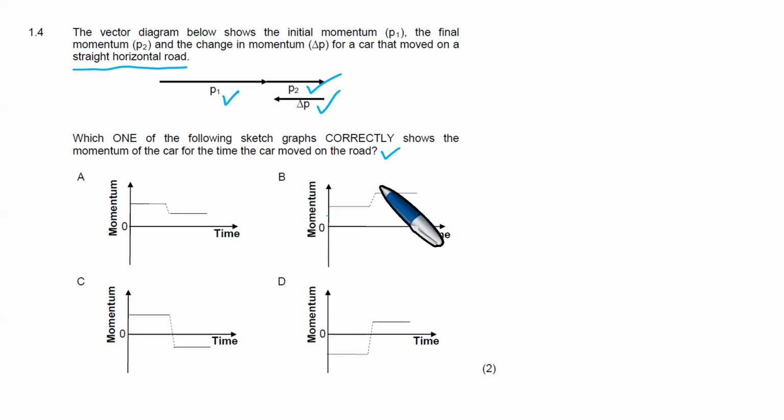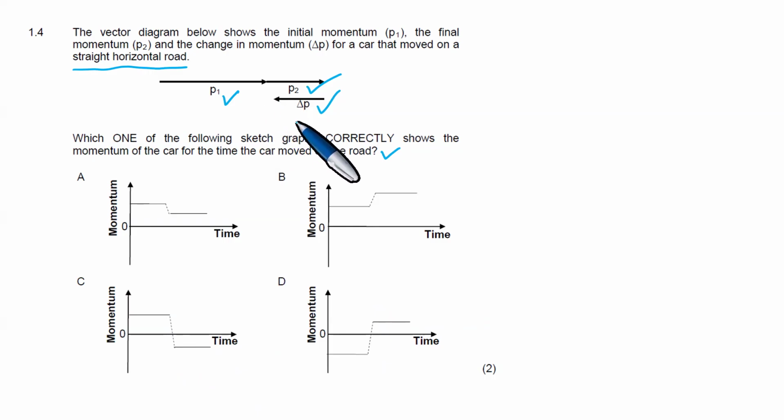In another graph, the momentum was constant, then it increased and became constant again. But here, it decreased, became zero, and then the momentum was in the negative.